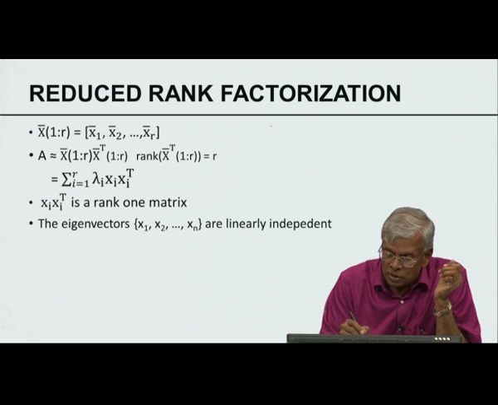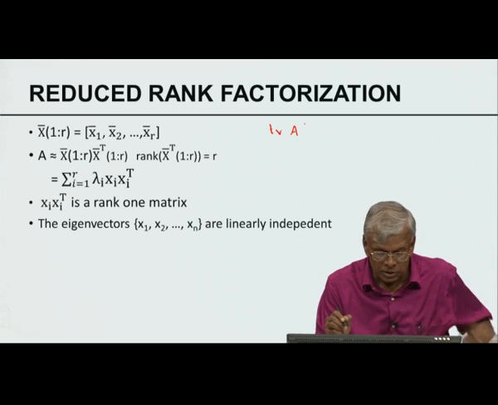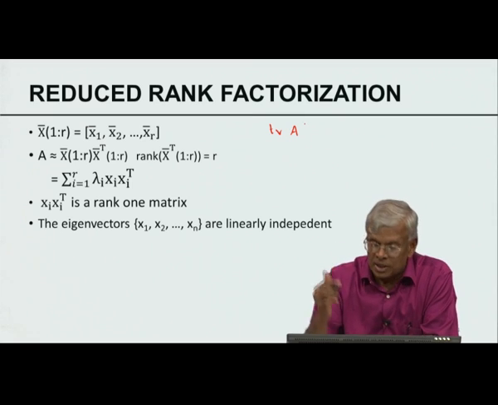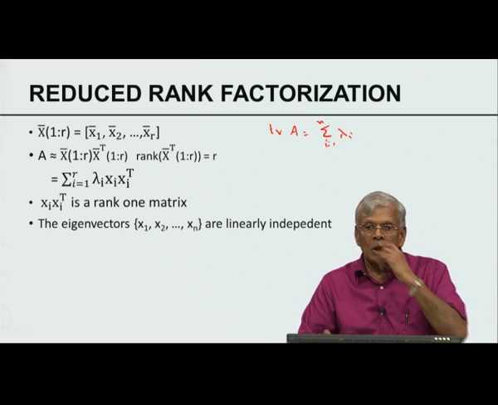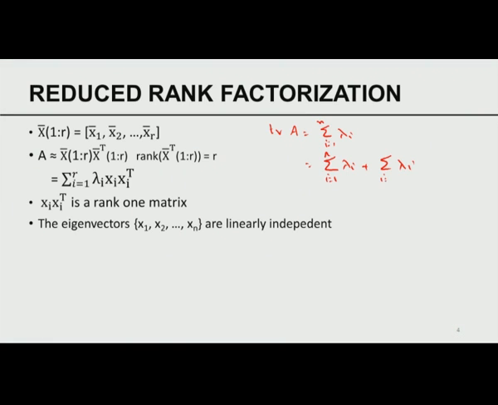It can also be shown that the trace of the matrix A, which is a covariance matrix. So if A is a covariance matrix, A is SPD, and the trace of A is equal to the sum of all the eigenvalues, i equals 1 to n. So I can divide this into a summation of two parts: the sum from i equals 1 to r of lambda i, plus the sum from i equals r plus 1 to n of lambda i.